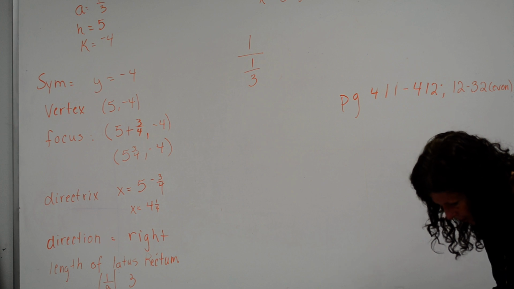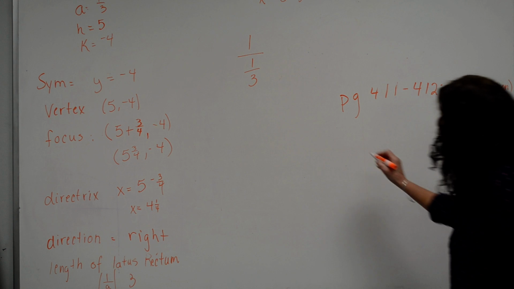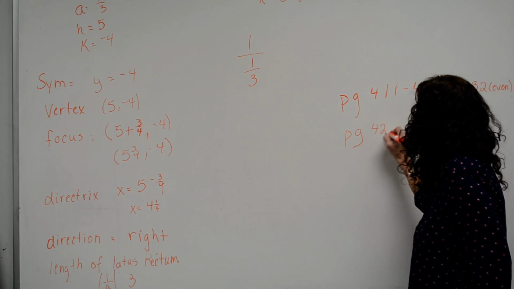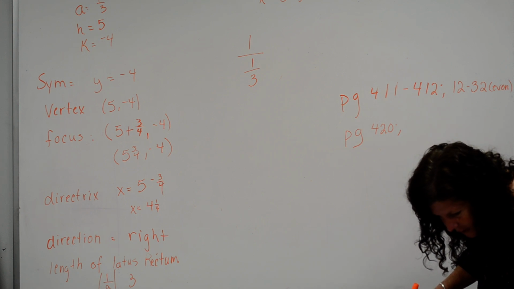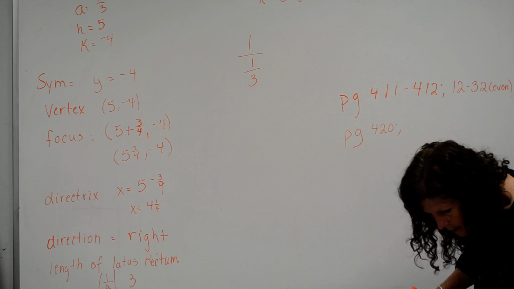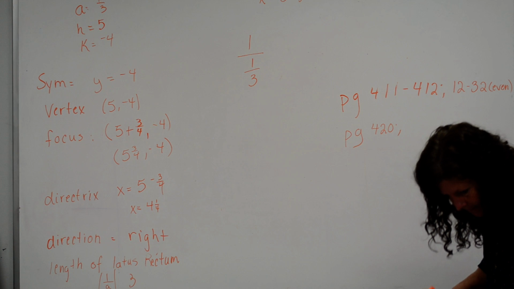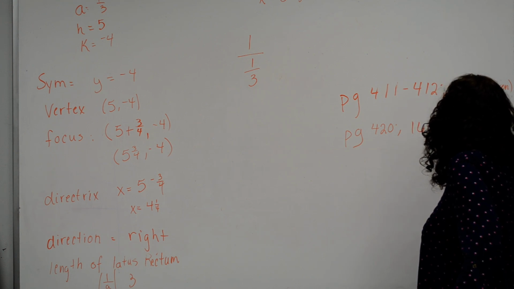And then on the parabola, obviously you can't do a whole lot of them, okay? So on page 420, I want you to do 16 through 28 even. Now, listen to me.